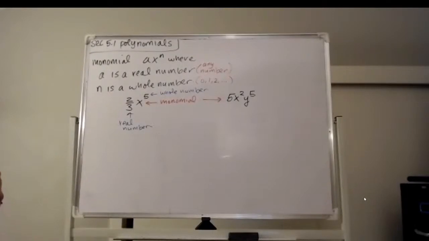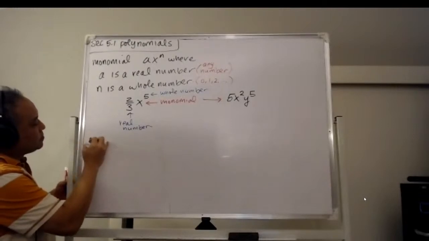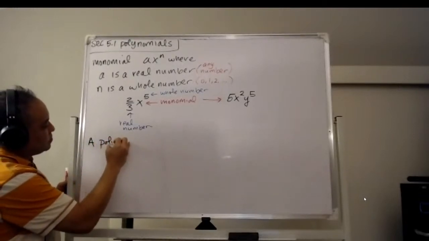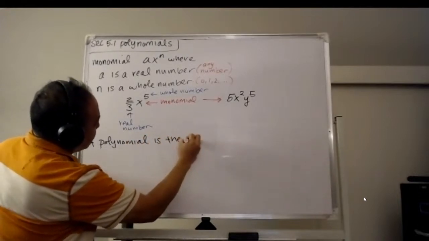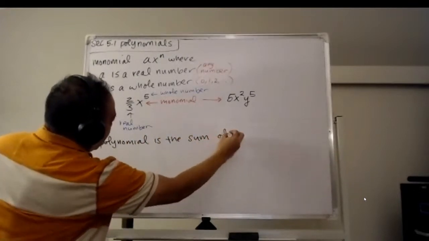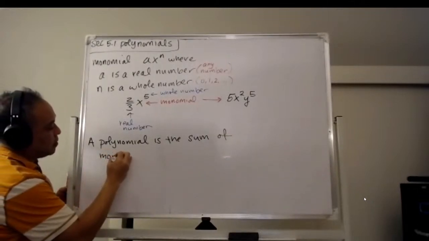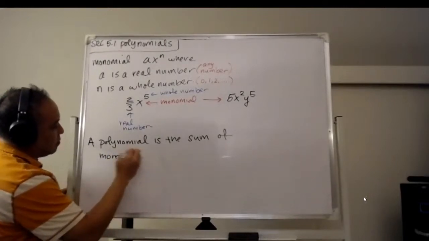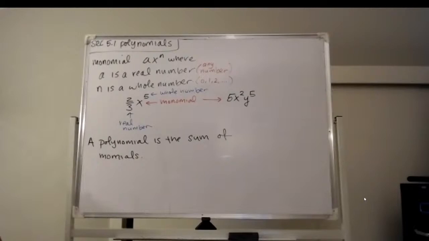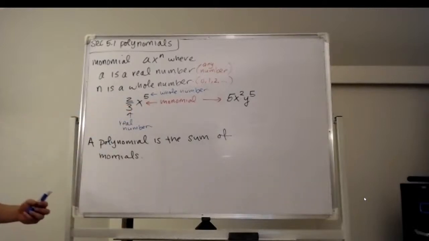Okay. Now, a polynomial is the sum of monomials, meaning that if you add up a whole bunch of these, you get a polynomial.